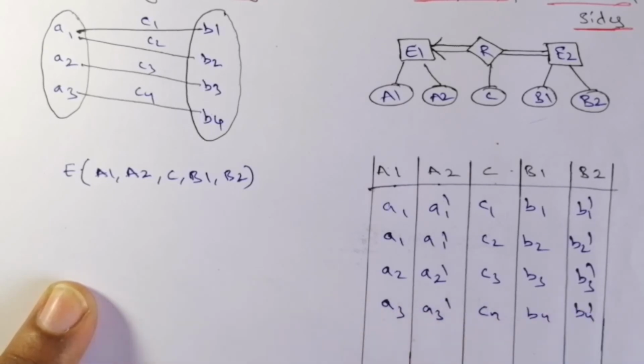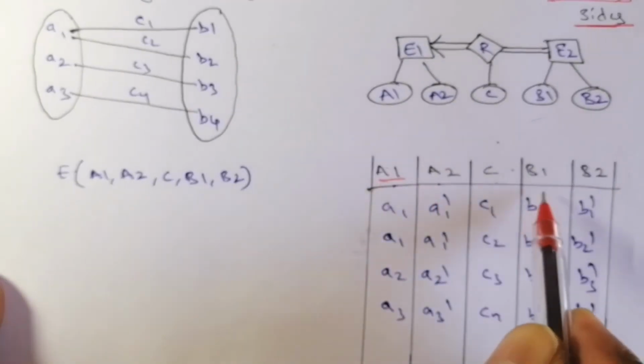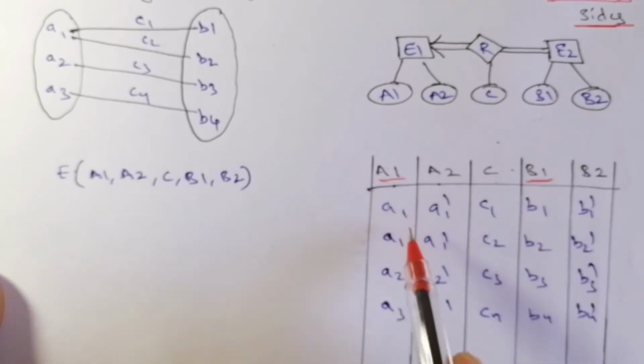Right? Now we have to check for the primary key conditions. A1 can be one chance, B1 can be a chance. If you see A1, it's a repetition, so it is not suitable for the primary key.